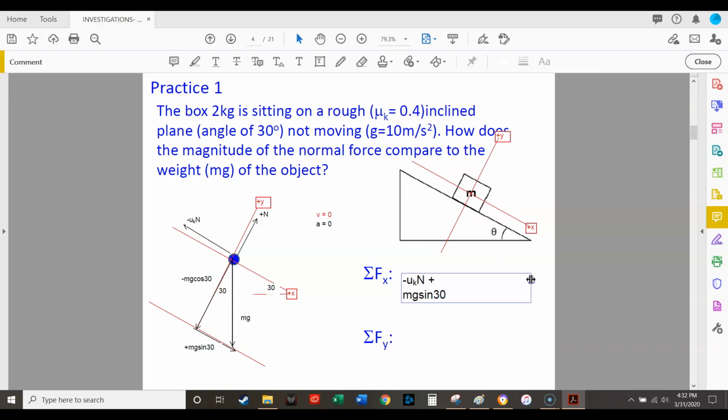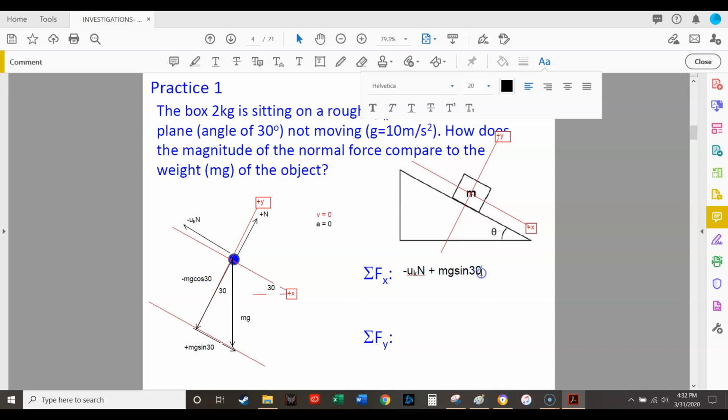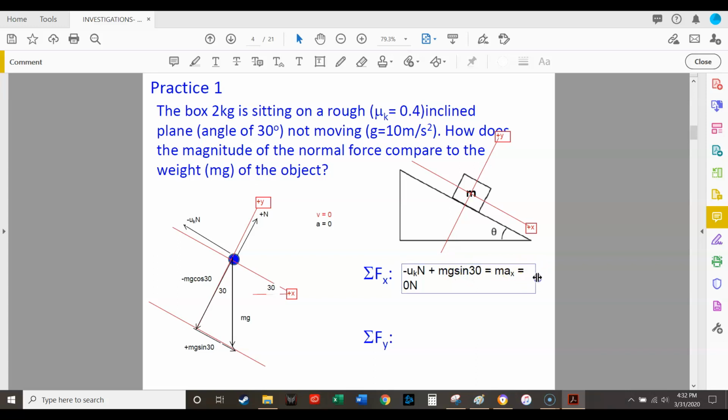And that's equal to mass times acceleration in the x direction. However, it is not accelerating in the x direction or the y direction, so this is going to be 0 newtons. So I've got everything accounted for.